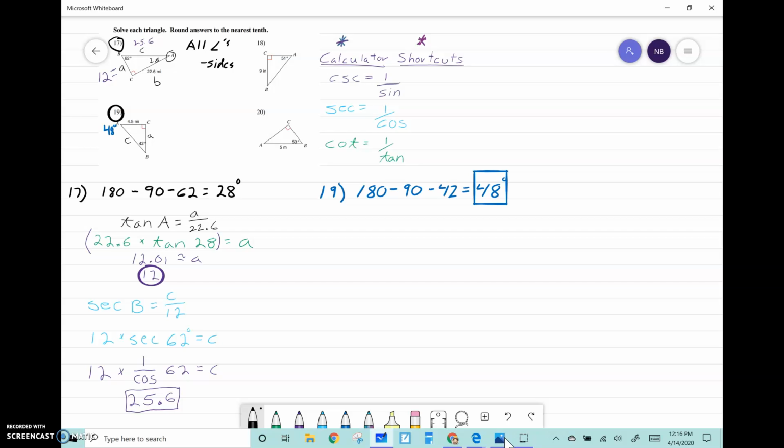Okay, so let's first start off like we did, and let's just keep it simple, and we're going to use the tangent function. So the tangent of angle A is going to equal my opposite side. The opposite side of angle A is A over 4.5.